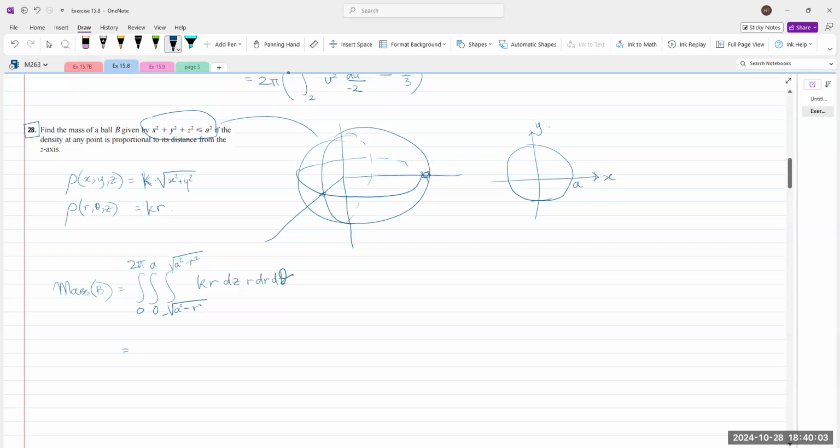So that's independent of theta. So let me just get 2 pi integral from 0 to a. I pull the k out. We have r squared inside, and then 2 square root of a squared minus r squared dr. Am I missing anything? This guy will give me this.